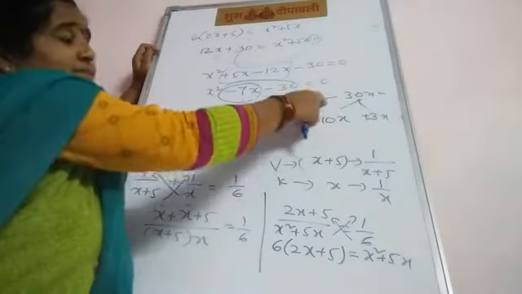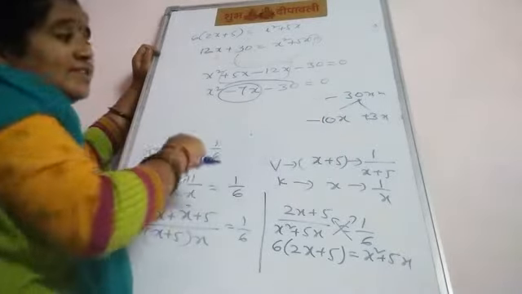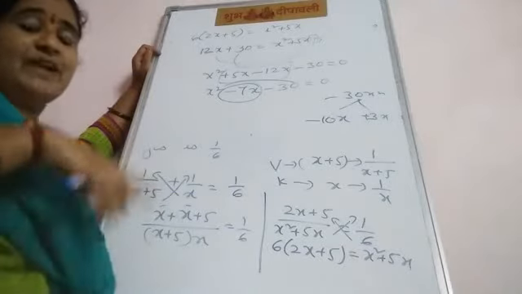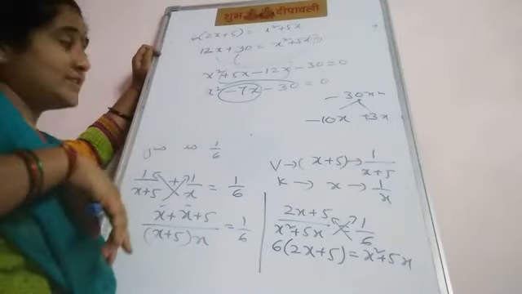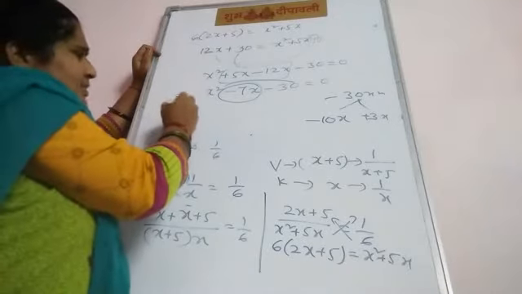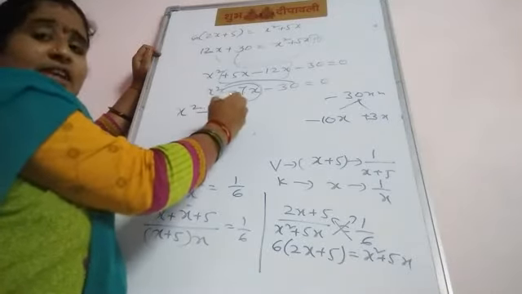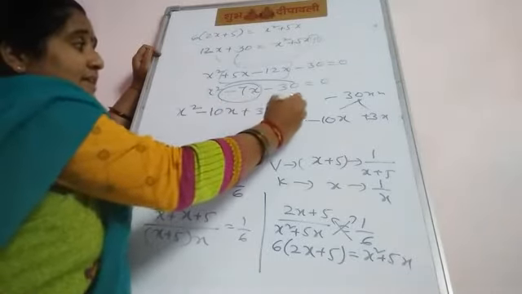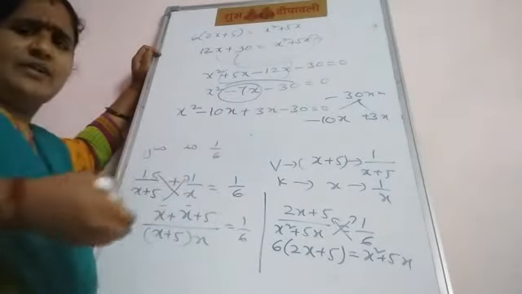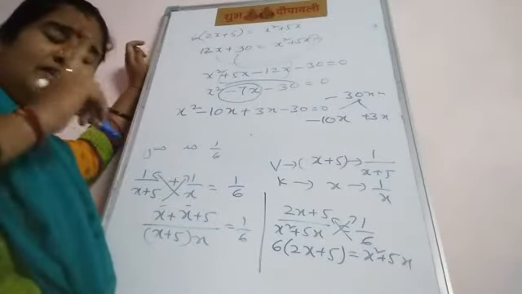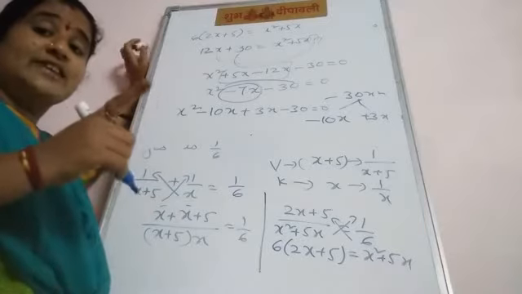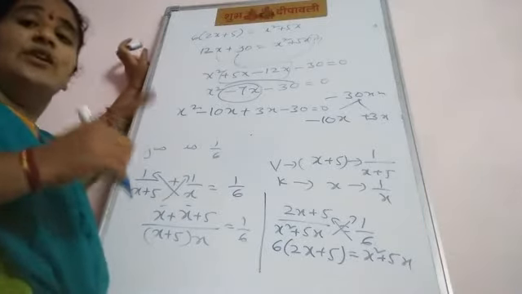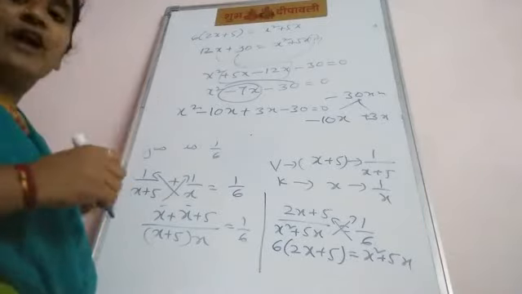Minus into plus is minus, 10 threes are 30. Minus 10 plus 3, how much? Minus 7. So x square minus 10x plus 3x minus 30. Now you can find from here, but in word problems you need to take x as positive, not negative. You need to neglect the negative value.